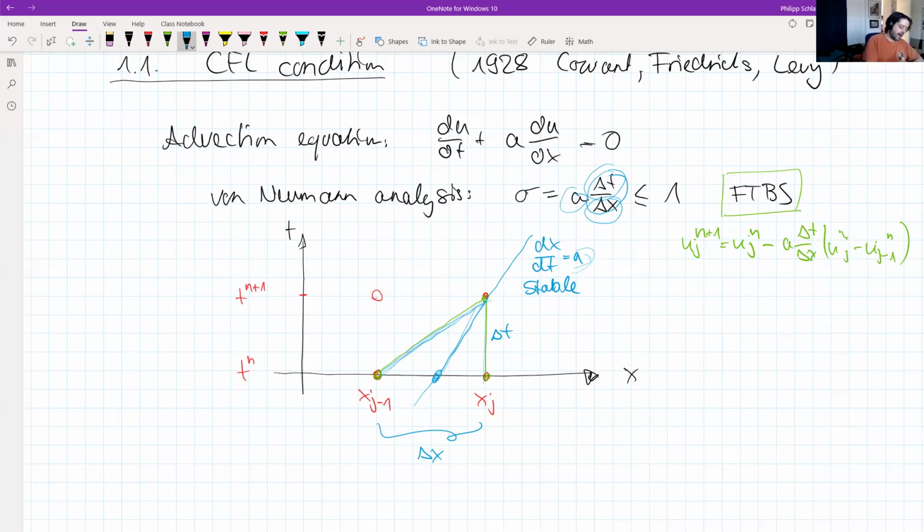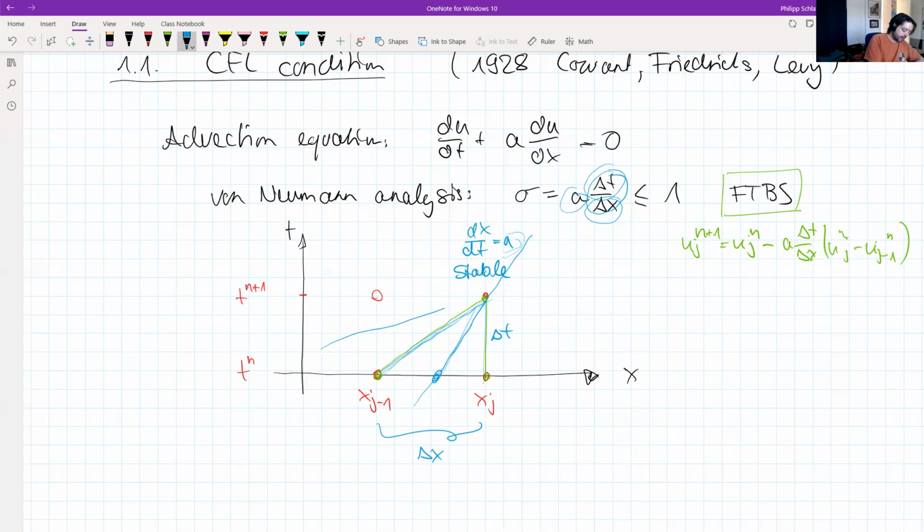Okay, so how would an unstable case look in a space-time diagram? Well, I just move this over here. It needs to be a case where the slope of the characteristic is lower than delta t divided by delta x.